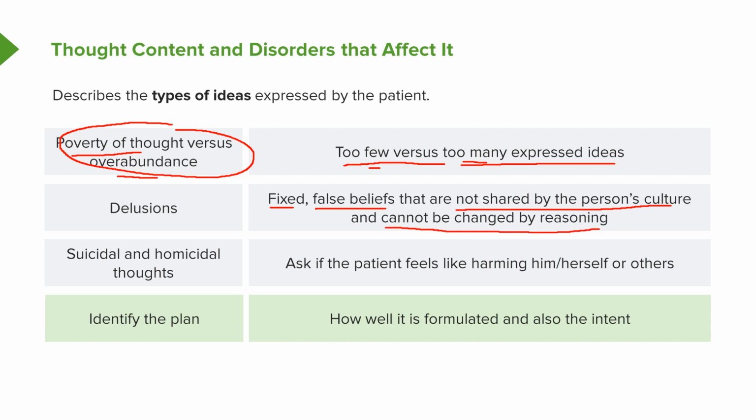So, for example, if the person believes that the world is flat, it's not shared by the person's culture because we all know that the world is not flat; it is spherical. But the person is under that belief that is fixed, but it is false because it's not shared by the person's culture. Then you call that delusion, because it cannot be changed by reasoning, no matter how much you explain that to the person.